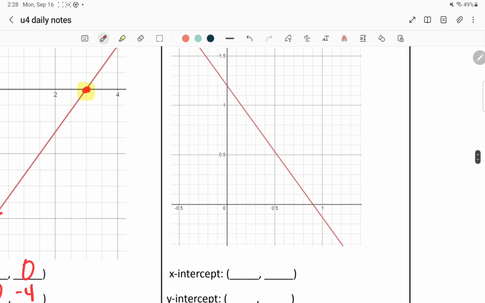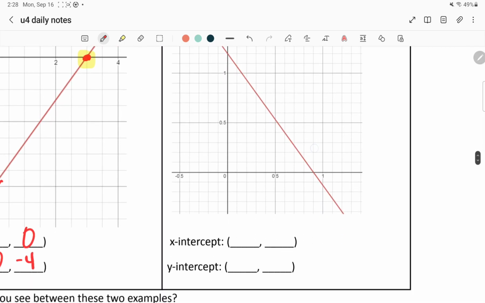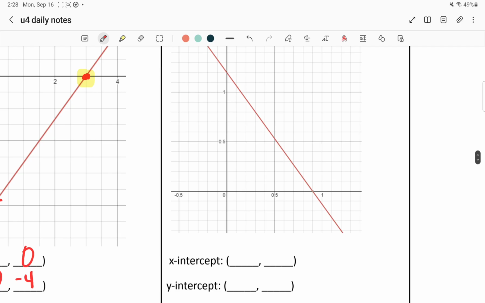Okay, this one, watch your scale. My x-intercept is right here. And I see I'm going up by 0.1. So this is 0.1. This is 0.4 right here. So 5, 6, 7, 8, 9.